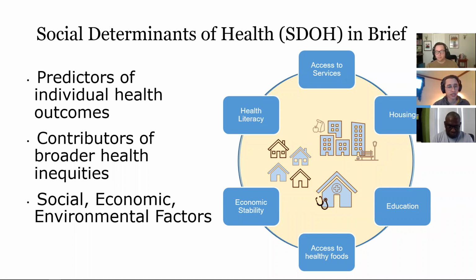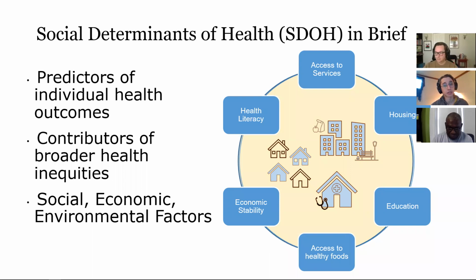Well, the SDOH are the social, economic, and environmental factors that influence health and well-being of individuals and communities. So the SDOH are not only the conditions that really impact social needs and health outcomes and predict individual health outcomes of folks coming in and out of our organizations, such as an individual's housing status, an individual's income or education level, and an individual's access to healthy foods, but also in a much broader and larger sense, the SDOH are contributors of broad health inequities at various community, regional, and national levels.